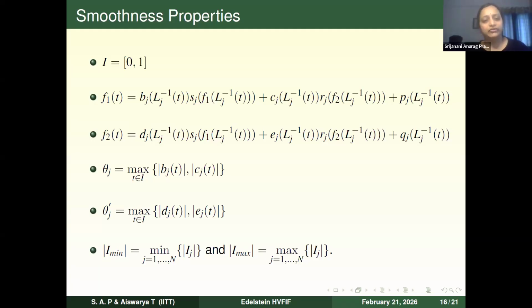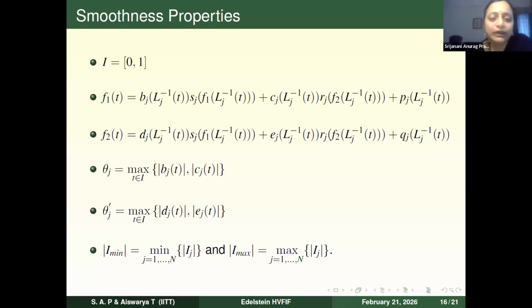Now, these are some notations to help me derive the smoothness result. My theta j is the maximum over the moduli of bj and cj, occurring in the function f1, and my theta j dash is the maximum over dj and ej, occurring in the function f2.